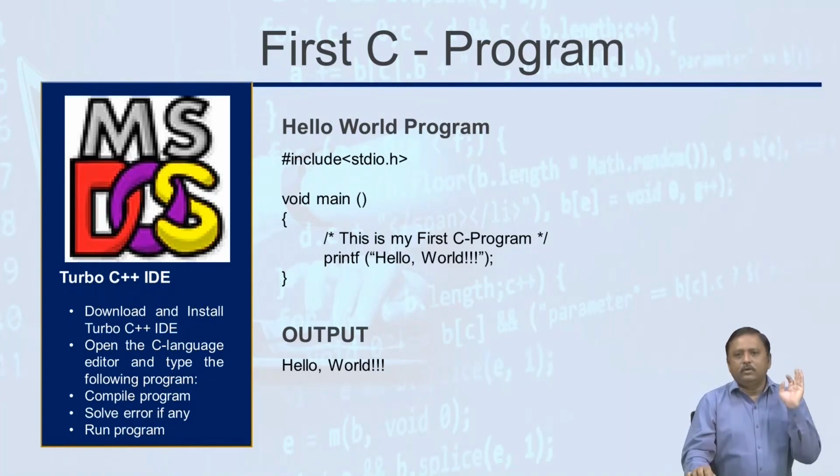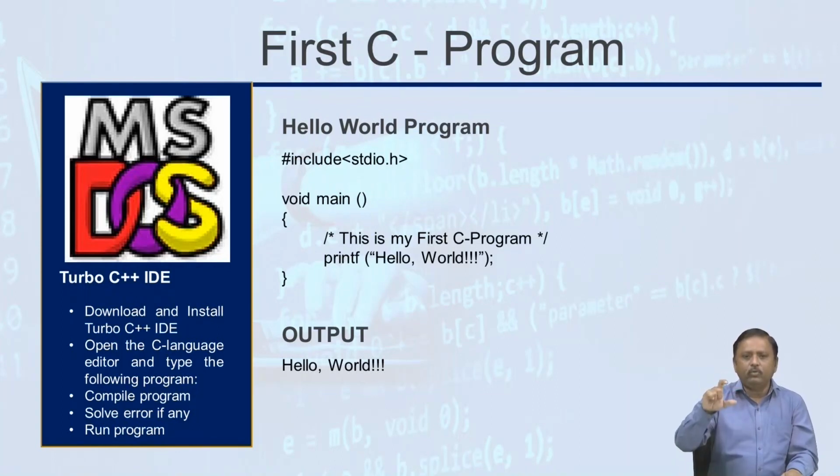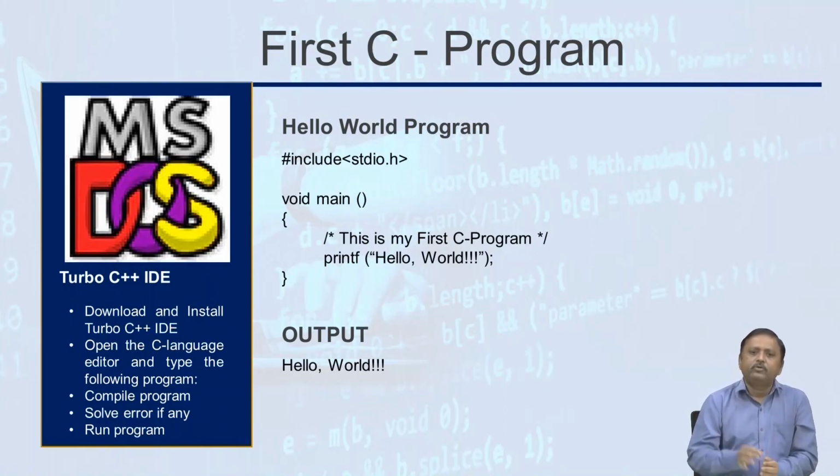So the first thing you need is to install Turbo C++ IDE, which is freely available, and then write this code. Now remember, the C programming language is case sensitive, so you must write all of these in small case except the comment.